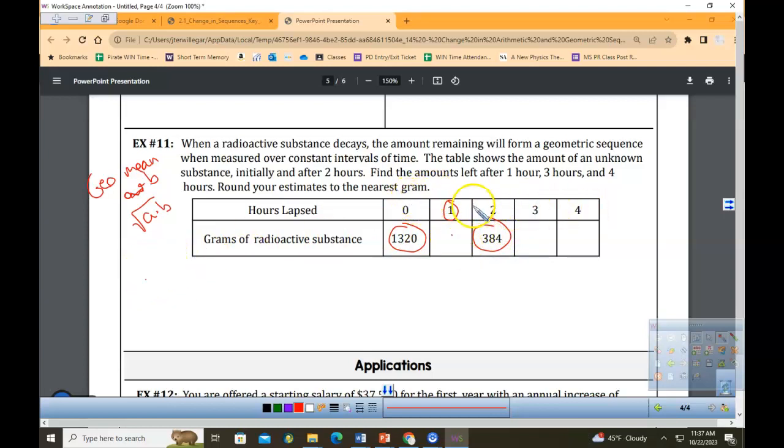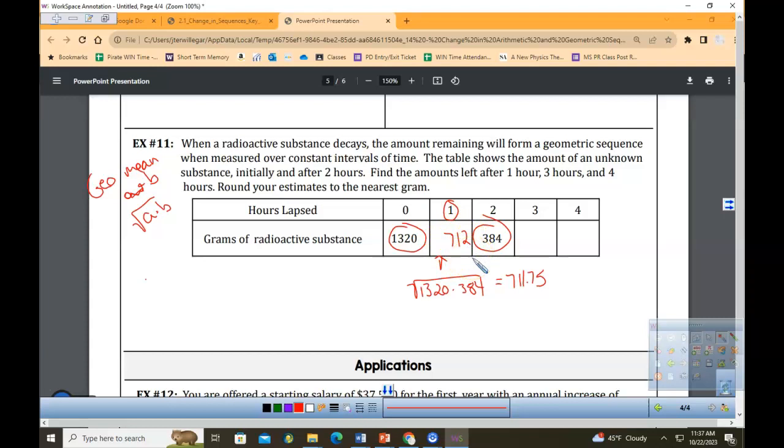Or between 0 and 4, it'll give me 2. So to find 1, I'm going to do square root of 1320 times 384. I get 1.75. They said round to the nearest gram. So that's 712 grams. Okay?